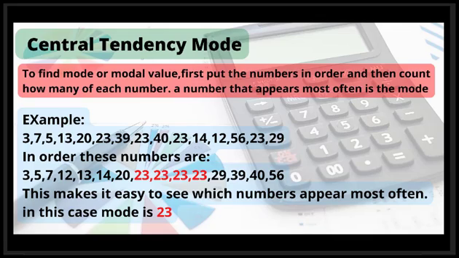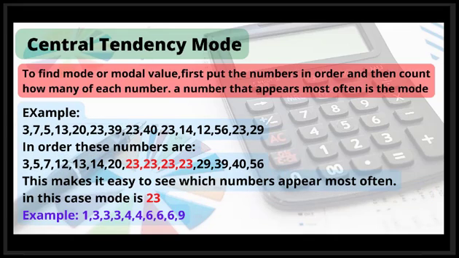That is not commonly used in describing statistics, but for the sake of introduction, I have kept it here. Let's see one more example. You are given this data: 1, 3, 3, 3, 4, 4, 6, 6, 6, and 9. As you see, 3 is appearing 3 times, and 6 is also appearing 3 times.